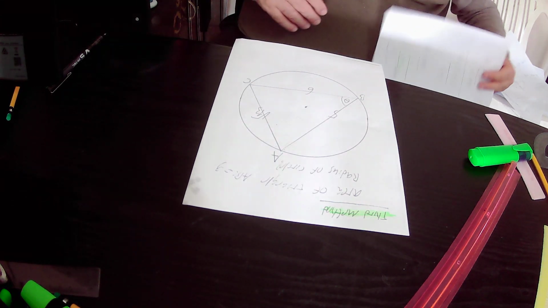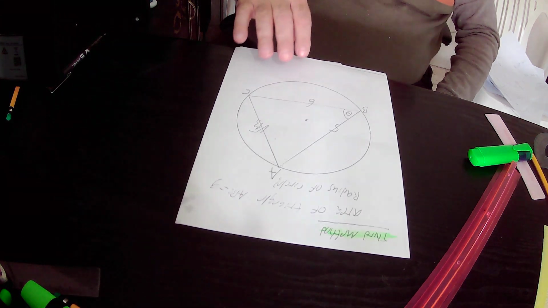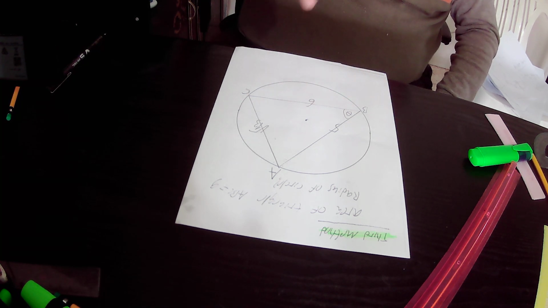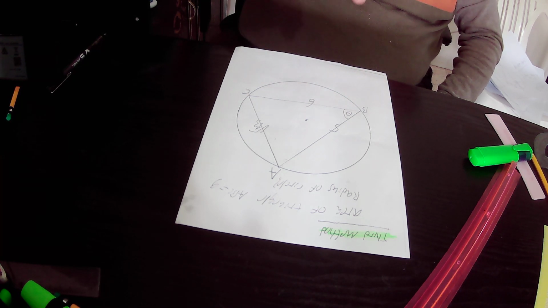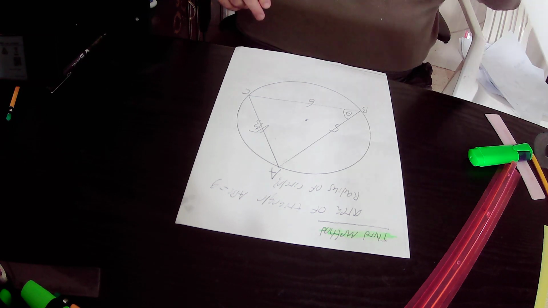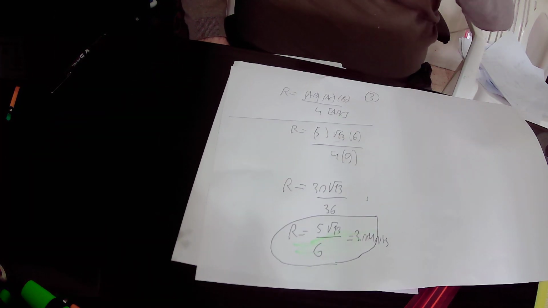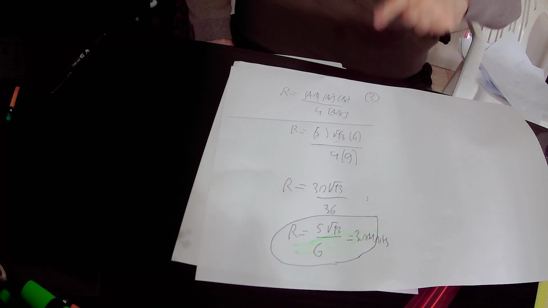Then we used the special formula for the circle that circumscribes a triangle. The radius of the circle that circumscribes the triangle will be equal, according to the formula, to the product of the sides of the triangle over 4 times the area of the triangle.